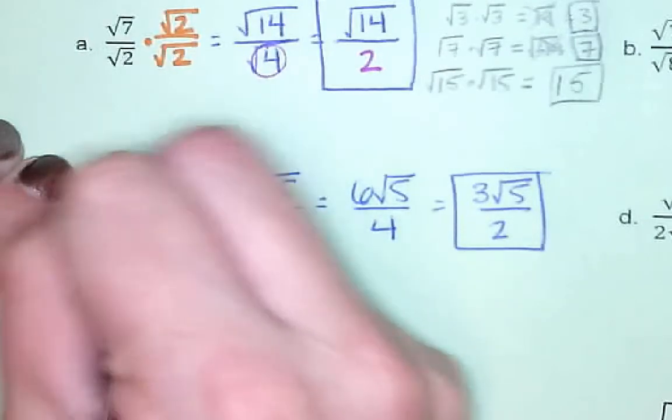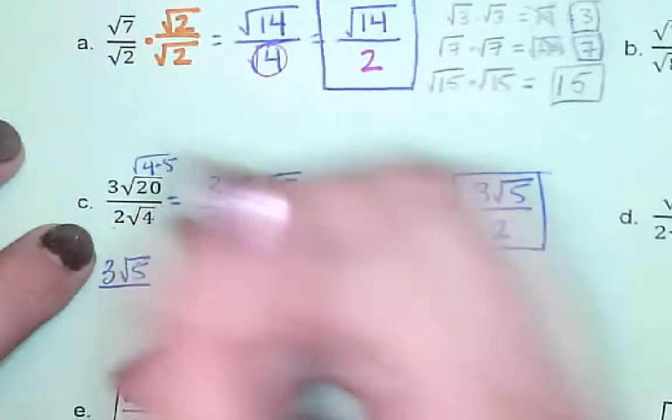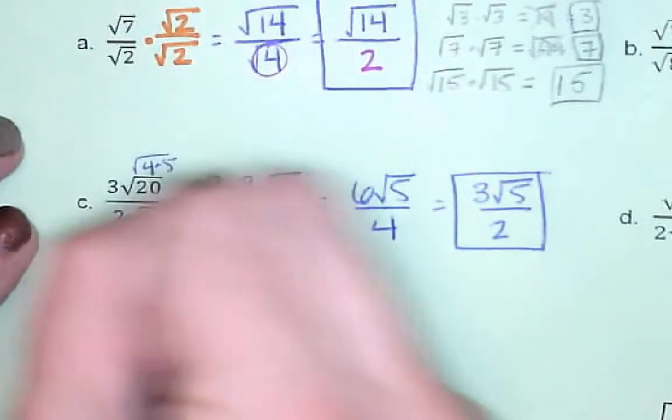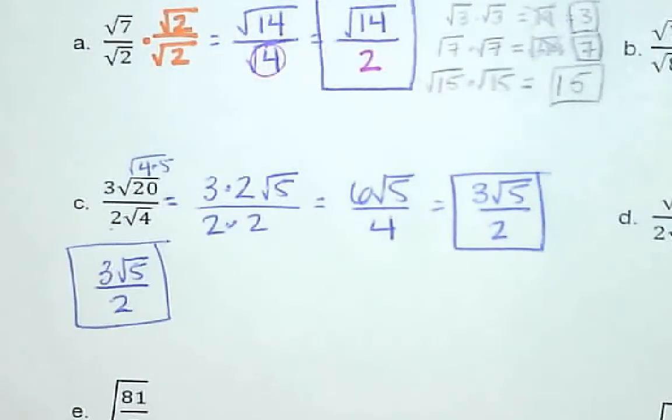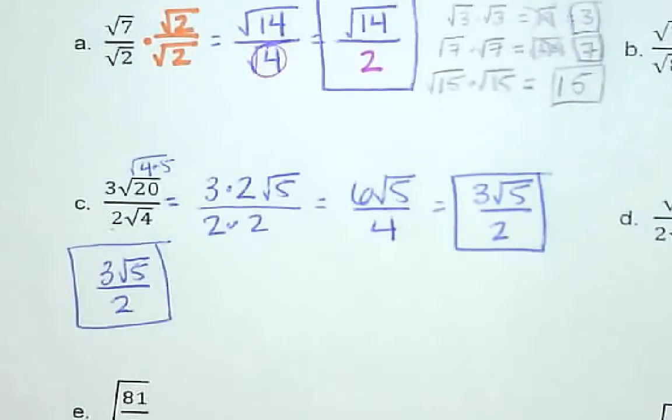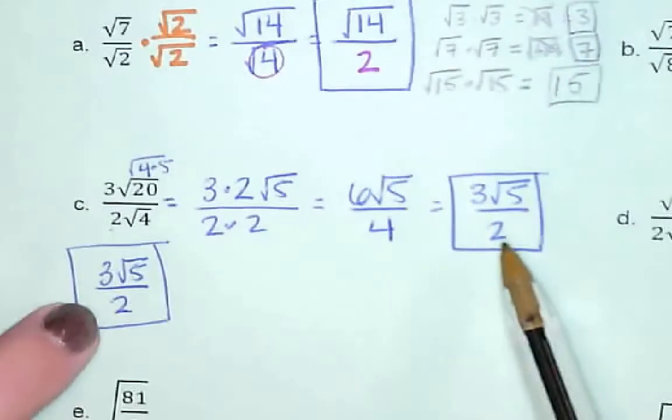And then the square root of 4 would have gotten canceled, so it's just over 2. So guys, if we just did 20 divided by 4, does that give you square root of 5? Isn't that so much easier? But y'all, do we get the same answer both ways? So there's actually even multiple ways to simplify them. You can simplify them by dividing, or you can simplify them by simplifying the radical. All right, guys? So either way, we would have done 3 square root of 5 over 2.